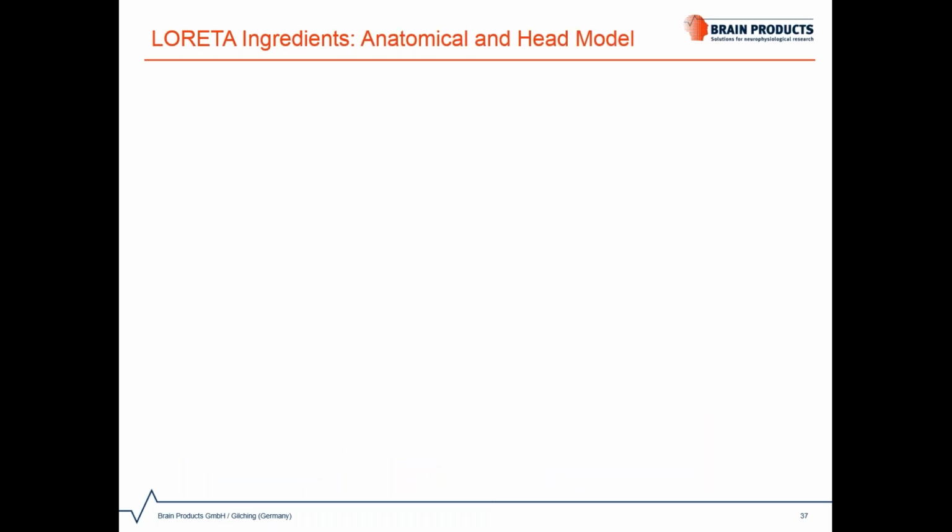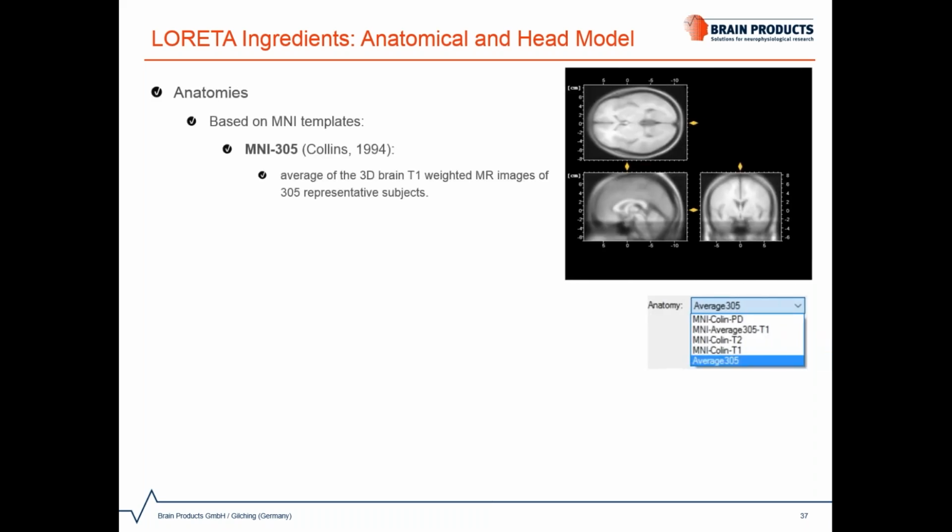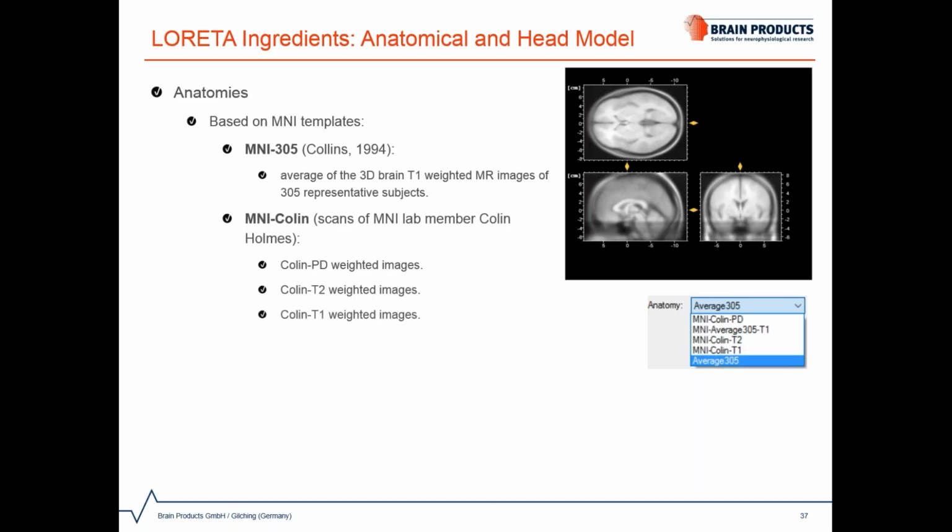As you might have already expected, the next ingredient is the volume conductor model described by the anatomical and head modeling. In Analyzer, we offer standard brain MNI templates, which are based on the MNI 305 brain template. For display purposes, that is to enable you to visualize the mapping of the source activation to different brain anatomies, we also offer a high-resolution standard brain template acquired from one of the MNI lab members, Colin Holmes.